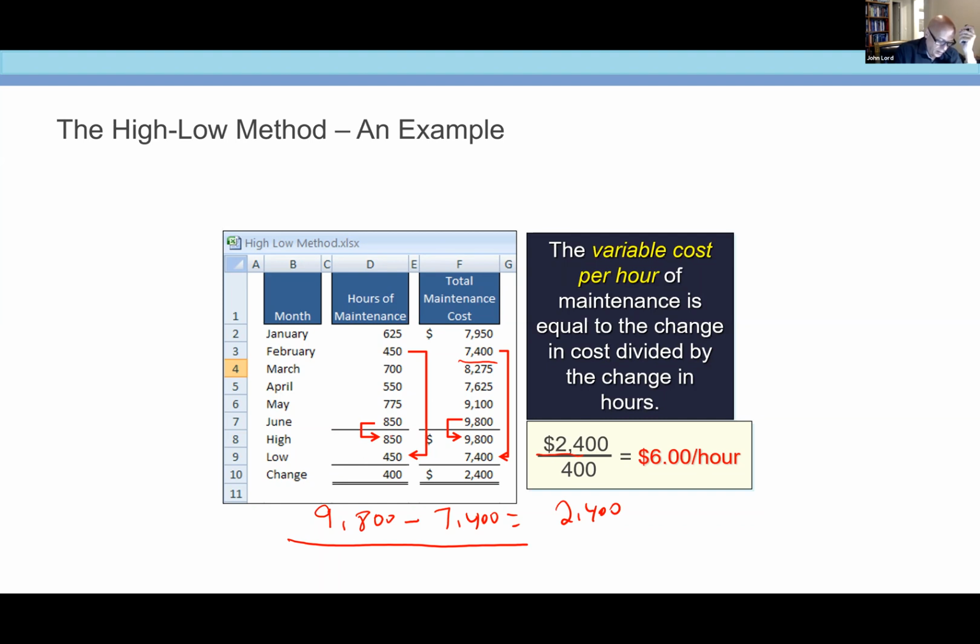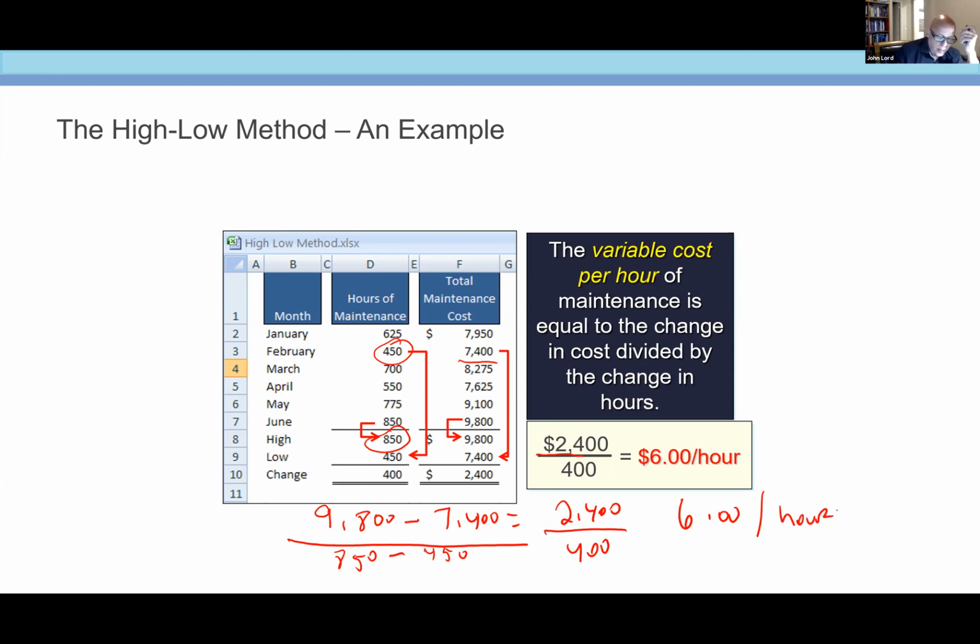At the high I had 850, and at the low I had 450. So that gave me the 400. That gives me $6 per hour.